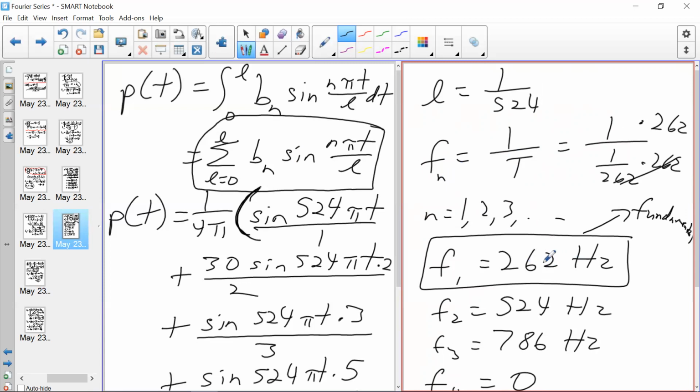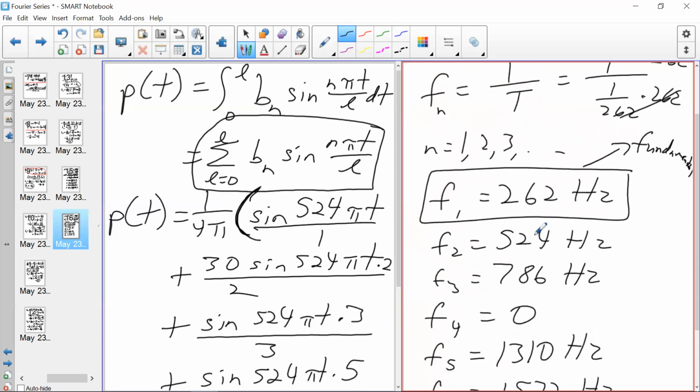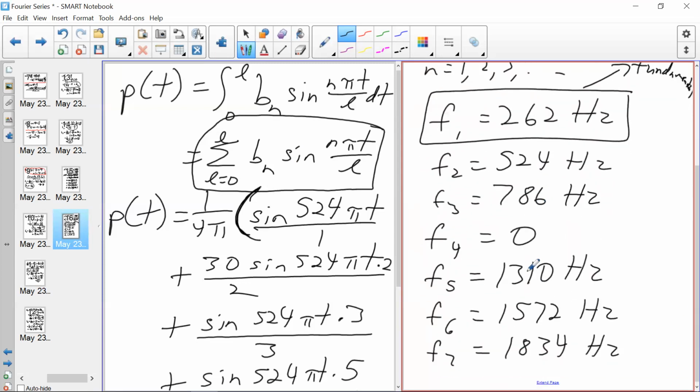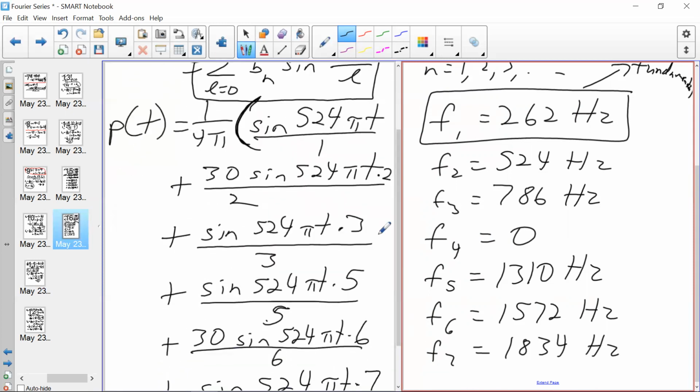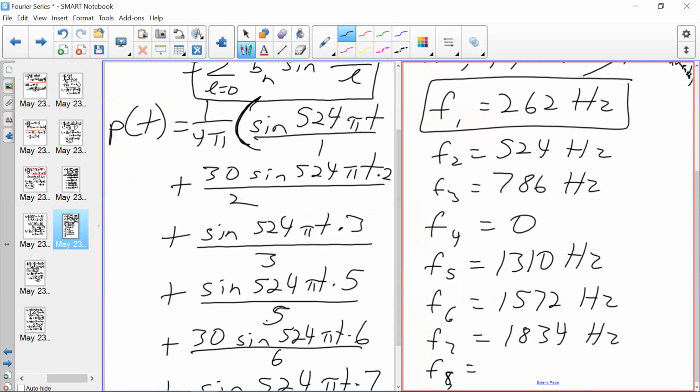If you're just multiplying the fundamental by this integer, 2 times 262, 3 times 262, well, 4 doesn't exist, and 5 times 262, 6 times 262, 7 times 262. Again, 4 doesn't exist because there was no b sub n for 4. So it's not there. And F8 equals 0.